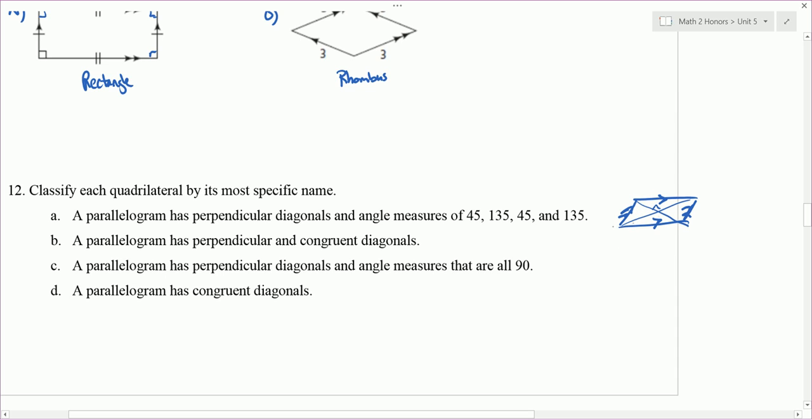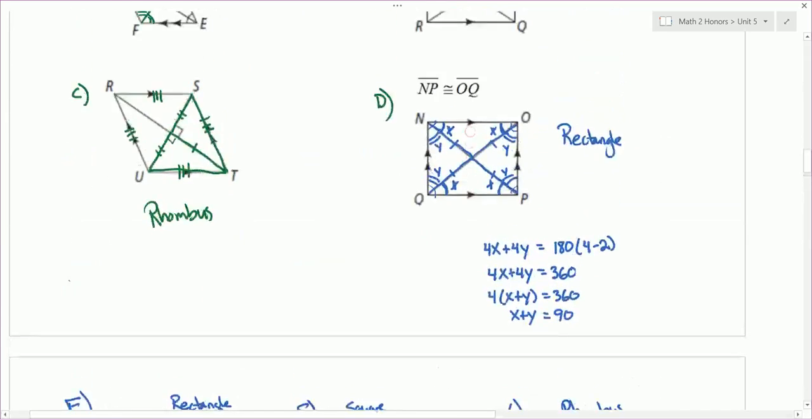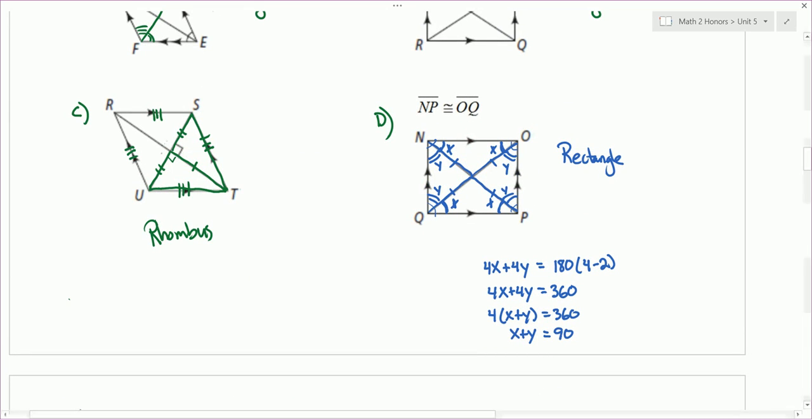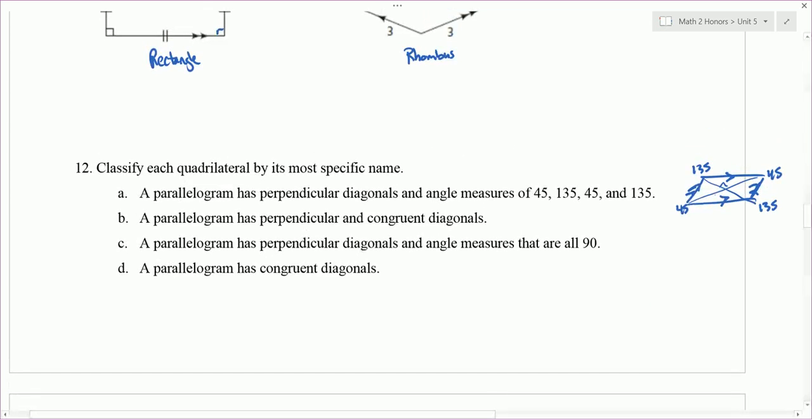And angle measures of 45, 45, 135, 135. So if we go back up into the 11 part C, notice we had perpendicular diagonals, and we were able to show it was a rhombus. So our choice here is a rhombus or a square. We know this is not a square because the angles are not all 90 degrees, and so A is a rhombus.